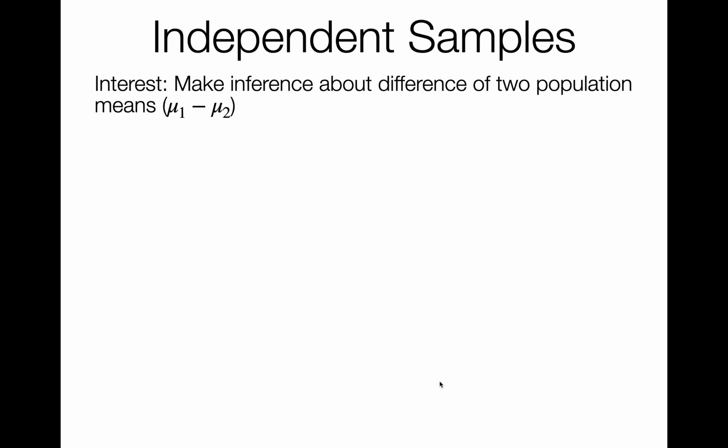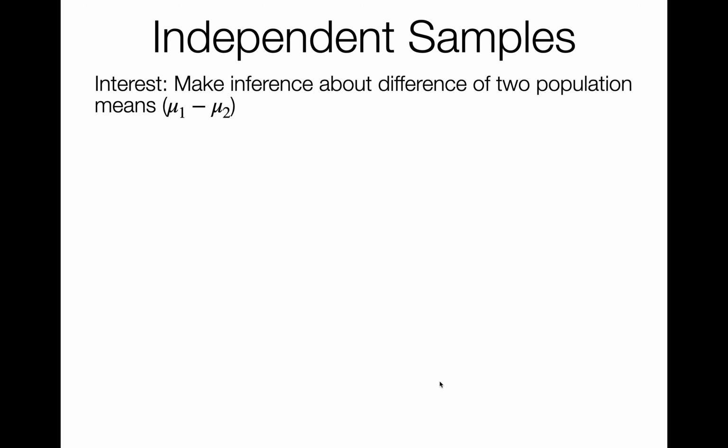So let's get started. Our interest when we have independent samples is to make inference about the difference of two population means. If I can say that the difference between the two population means is greater than 0, that tells me something. Or if it's less than 0, that also tells me something.